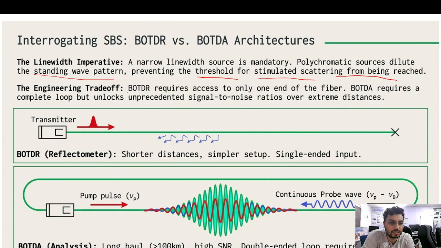BOTDR requires access to only one end of the fiber, and BOTDA requires a complete loop but unlocks unprecedented signal to noise ratio over extreme distances. You can see here the transmitter.